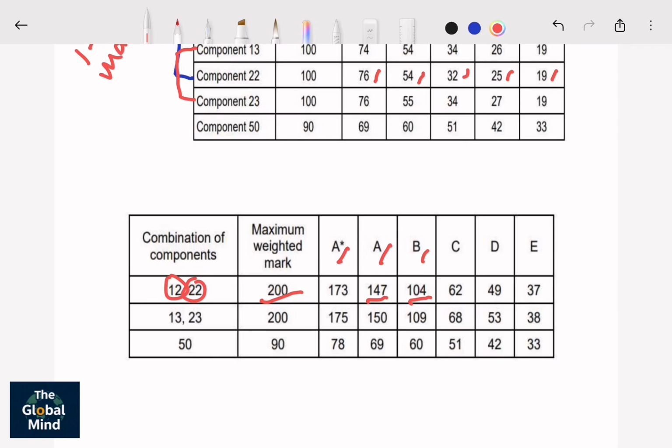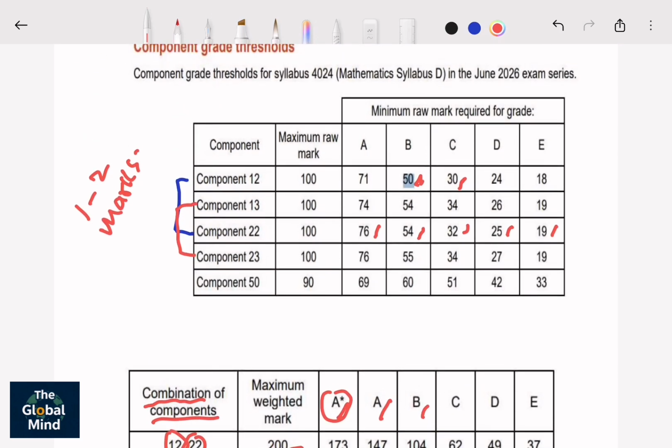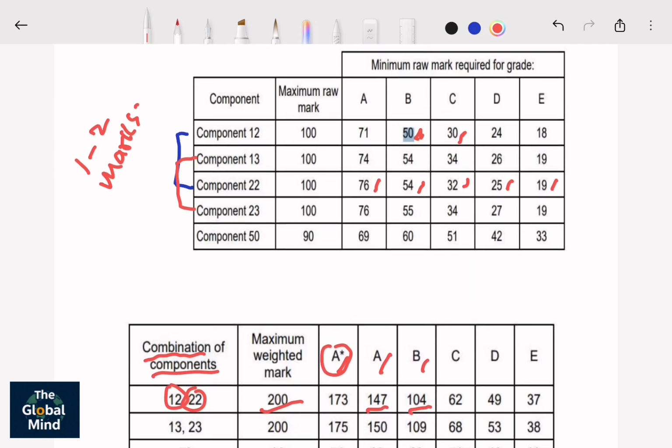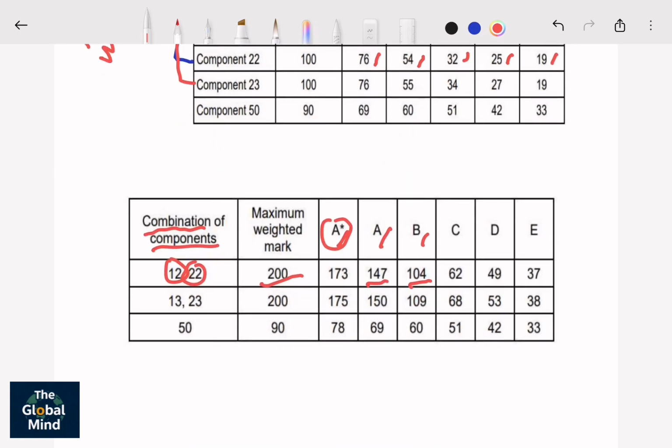And similarly, the important thing here is that A star is available only for the aggregate marks, meaning the combination of both components. Only then do they find out the A star. Component-wise, if you look here, they don't mention the threshold for the A star. The reason is that they do it on the combination of all the components.